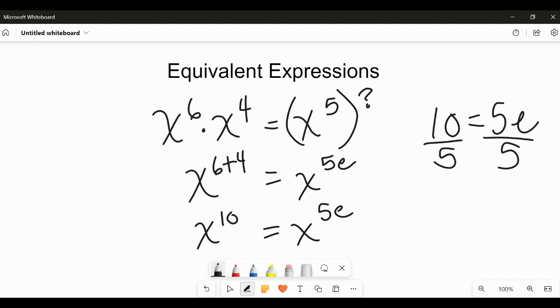Divide both sides by 5, and it is 2. That would be my answer. And think, 5 times 2 is 10, and 6 plus 4 is 10. So basically, we're trying to figure out what's going to make this equation true by plugging in a specific exponent value.